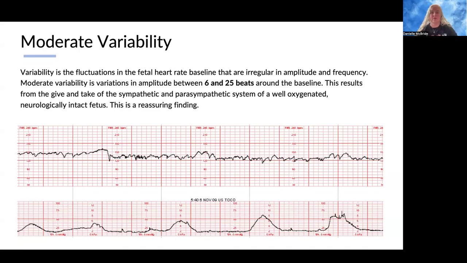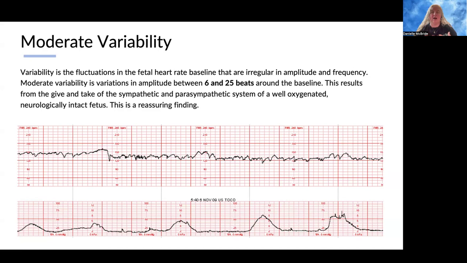Today, we are going to review fetal heart rate variability and reactive and reassuring fetal heart tracings. To start to understand variability, what we need to think about is what variability is. Variability is the fluctuations in the fetal heart rate around the baseline.